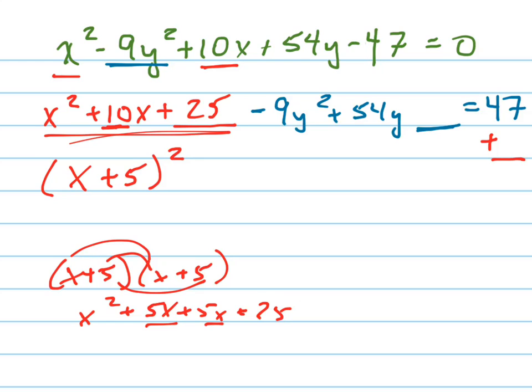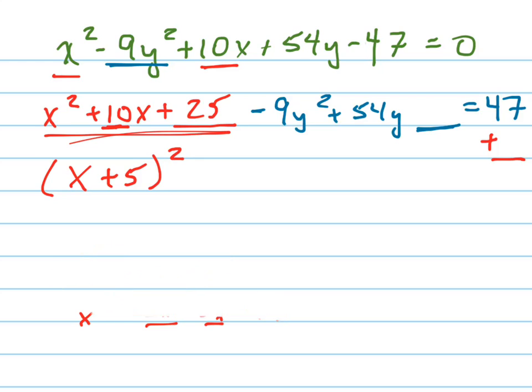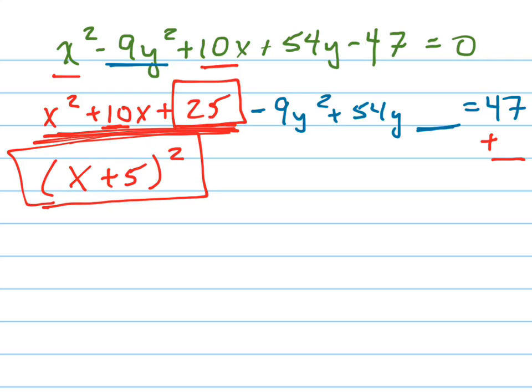I added 25 there purposely because I knew that adding a 25 right here would give me the right expression to be able to complete the square. That's why it's called completing the square. So if I add it to one side, as always in math, I have to keep balance. I have to add it to the other side.